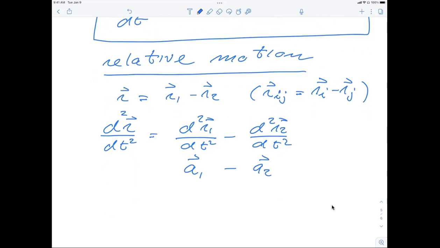And this is something which we again can rewrite as the force acting on particle 1 from particle 2, F12, divided by the mass of particle 1, minus F21 divided by M2. Would you agree upon that? Now we are confining ourselves to internal forces only.